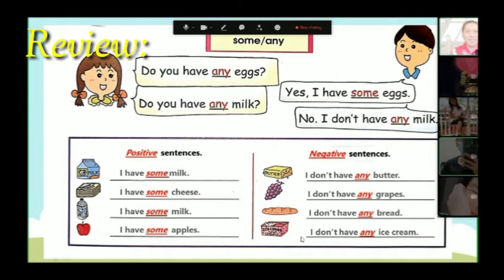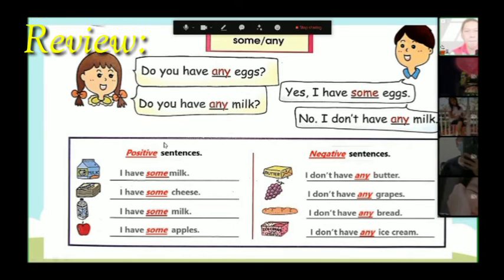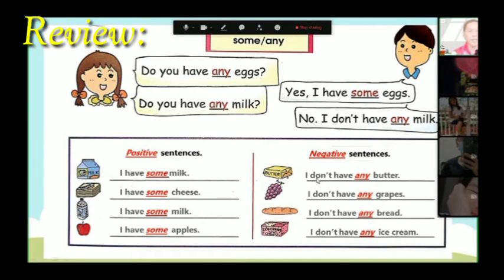Good job. Okay, so always remember when we use some, we talk about positive sentences. And we use any for asking a question and negative sentences. So that is some and any.